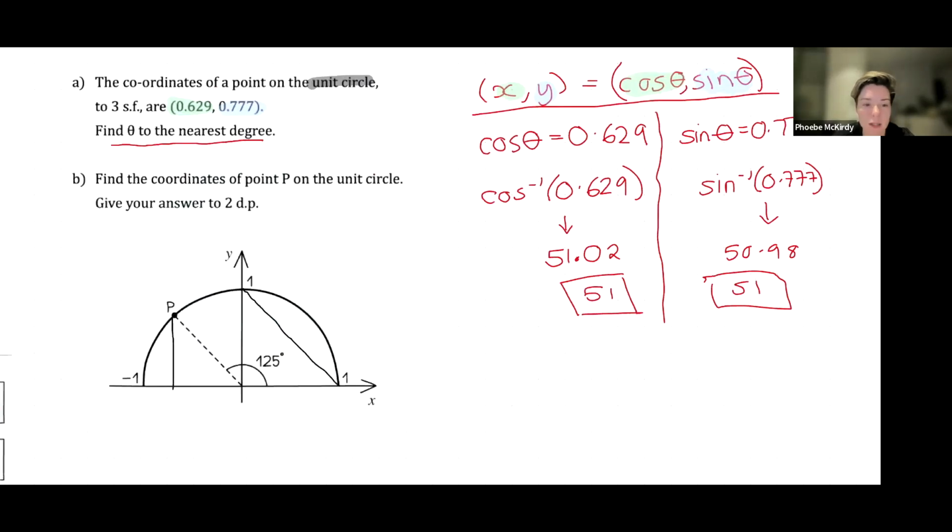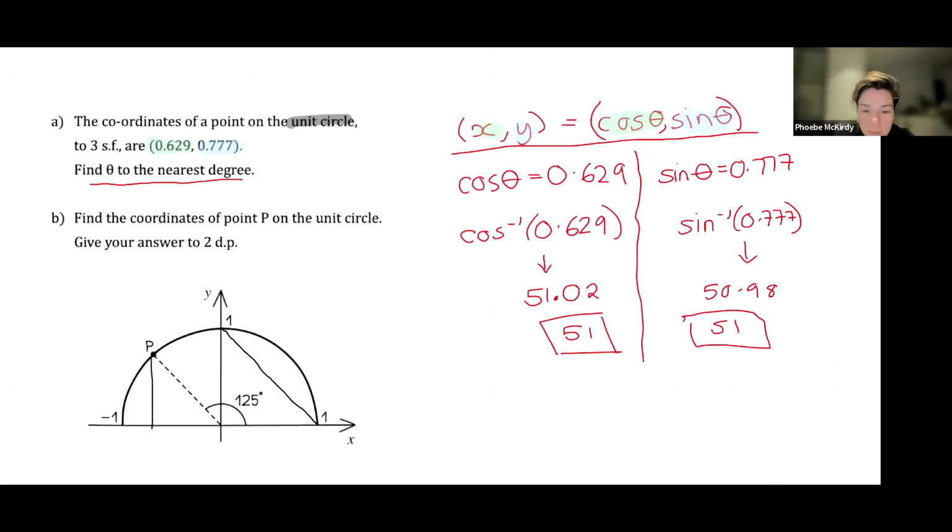Now, for the next question, find the coordinates of P on the unit circle. Give your answer to 2 decimal places. Okay, so again, we know that (x, y) is equal to (cos theta, sin theta).